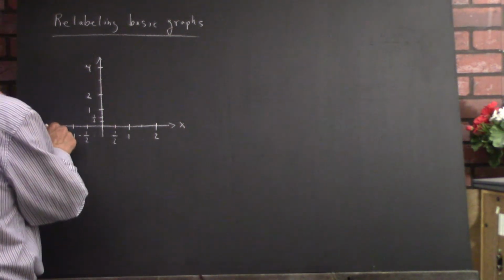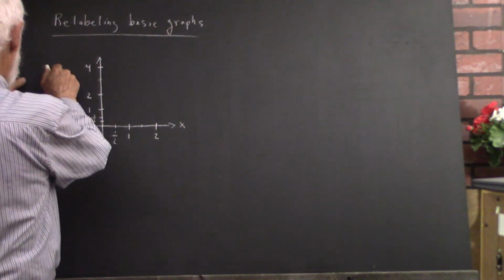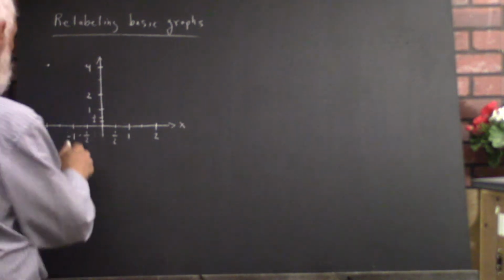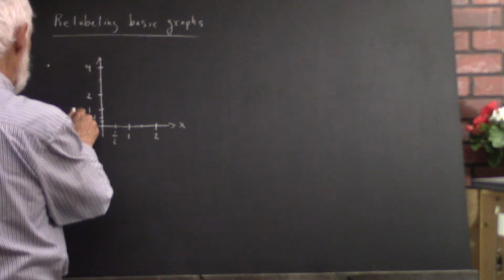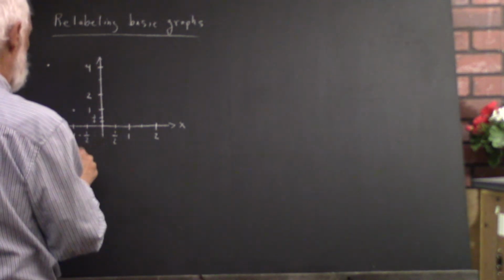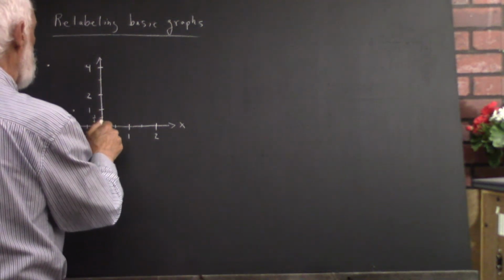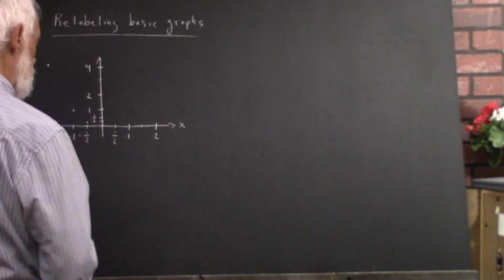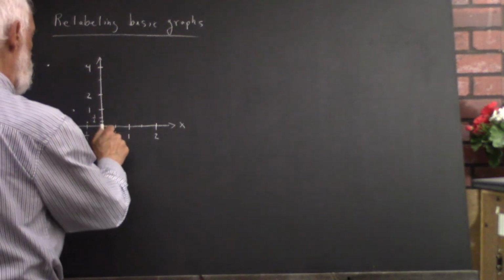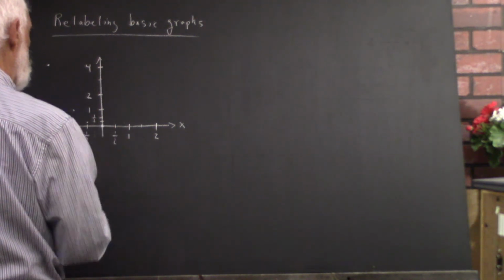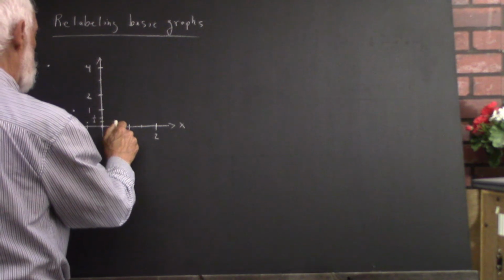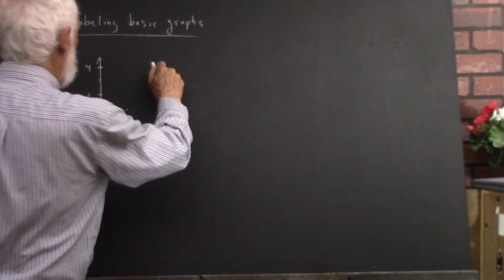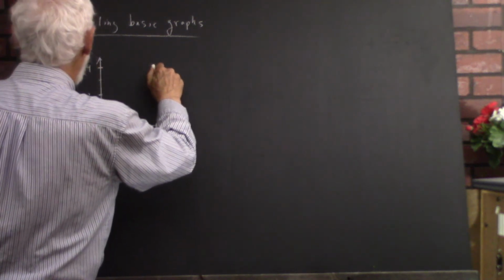We know that (-2, 4) is on the graph, so if I can do this with some kind of accuracy, here's a point. (-1, 1) is on the graph. Here's a point. (-1/2, 1/4) is on the graph. So that point's about right. And then (0, 0) is on the graph. (1/2, 1/4), (1, 1), (2, 4).